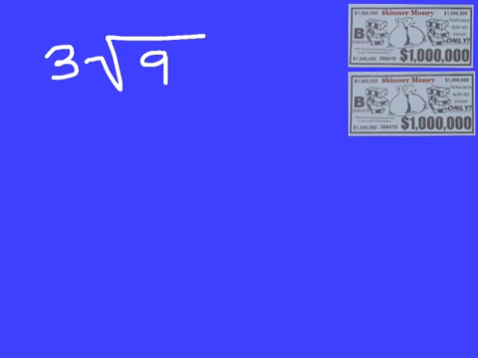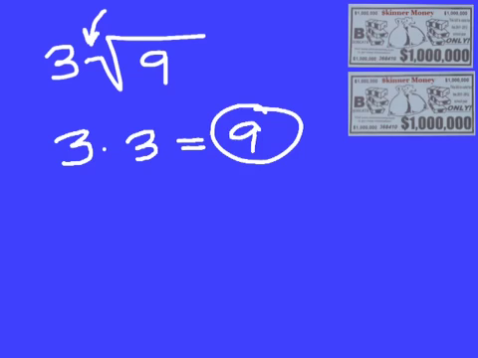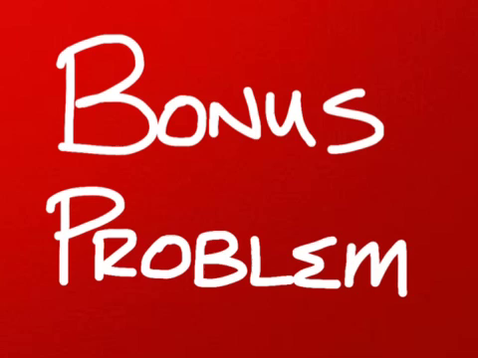Practice problem number 4. 3 times the square root of 9. Notice the 3 is not resting here. If it were, that's a cube root. The 3 is out to the left, so that's 3 times the square root of 9. The solution for the practice problem is 3 times 3, which is 9.